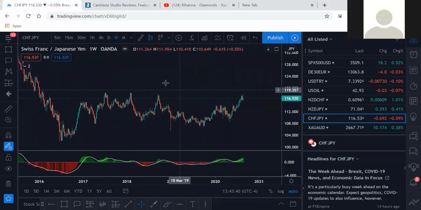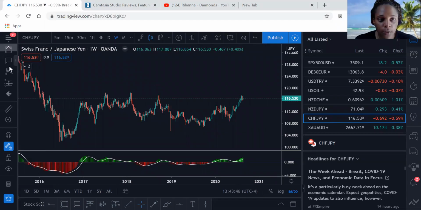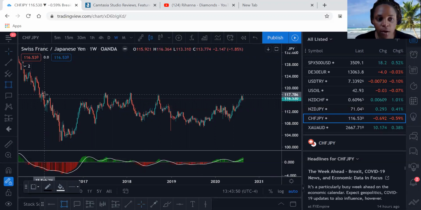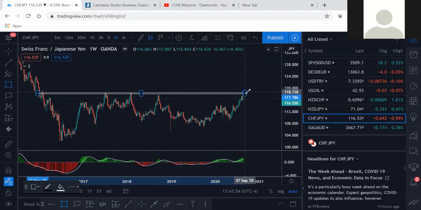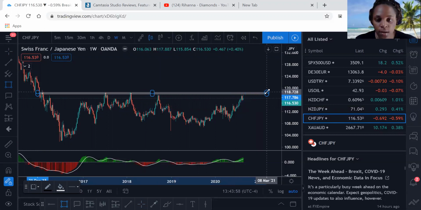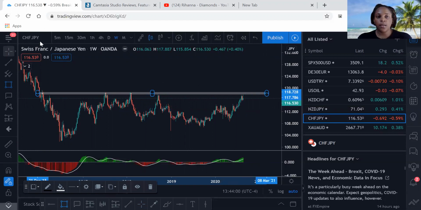So CHF-JPY, right? If you check here, we can see that we are at the weekly resistance zone, and everybody can see that. Yes. Lovely. You can see that we are at the peak resistance zone.